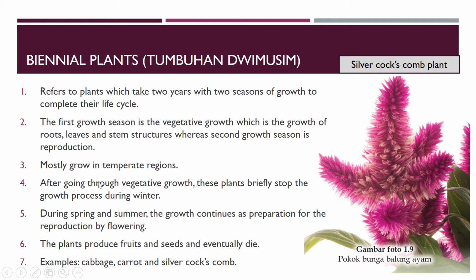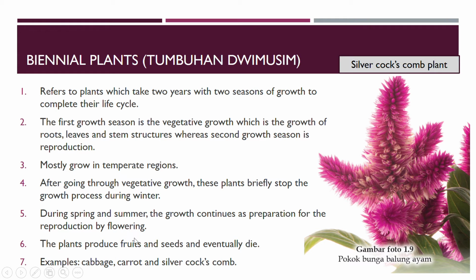So after going through vegetative growth, these plants briefly stop to grow. Stop the growth process during winter. So during spring and summer, the growth continues as preparation for the reproduction by nanti mereka berbunga semula. Okay, it will produce.